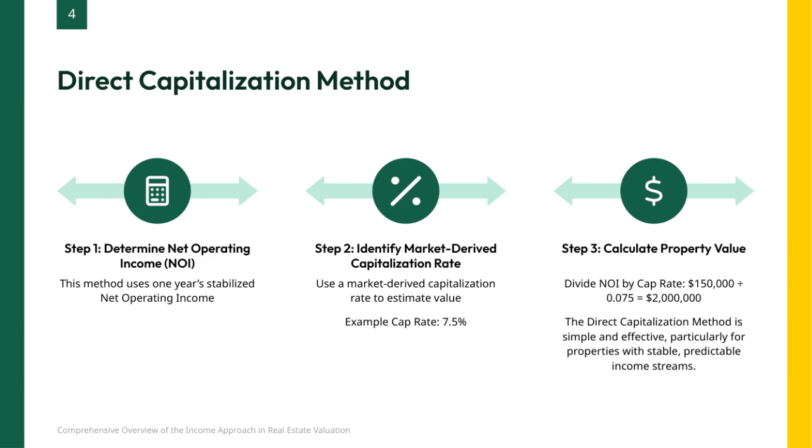For example, a typical cap rate might be 7.5%. Finally, we calculate the property value by dividing the NOI by the cap rate. So, if the NOI is $150,000, dividing that by 0.075 gives us a property value of $2 million. This approach is straightforward and particularly useful for properties with stable and predictable income streams.